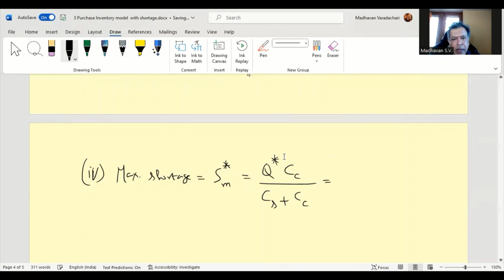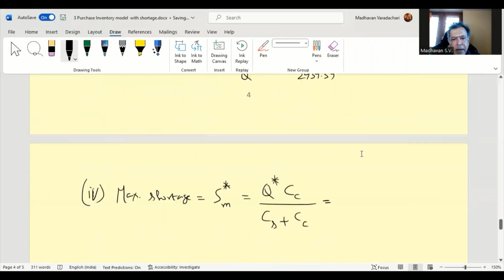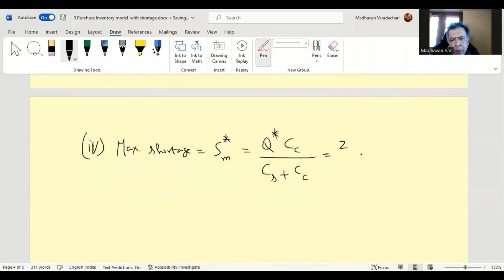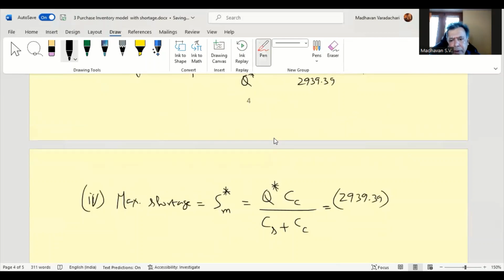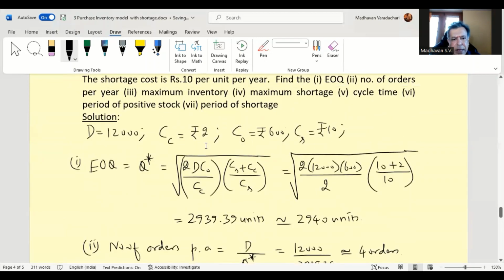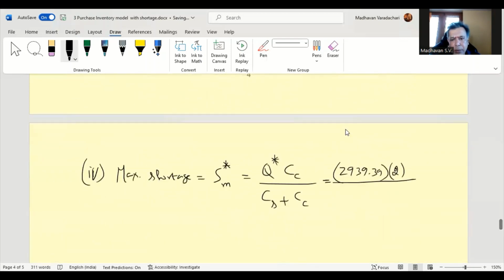Q star we calculated as 2939.39, multiplied by CC, which is 2, divided by CS plus CC, CS is 10, CC is 2, so 10 plus 2.